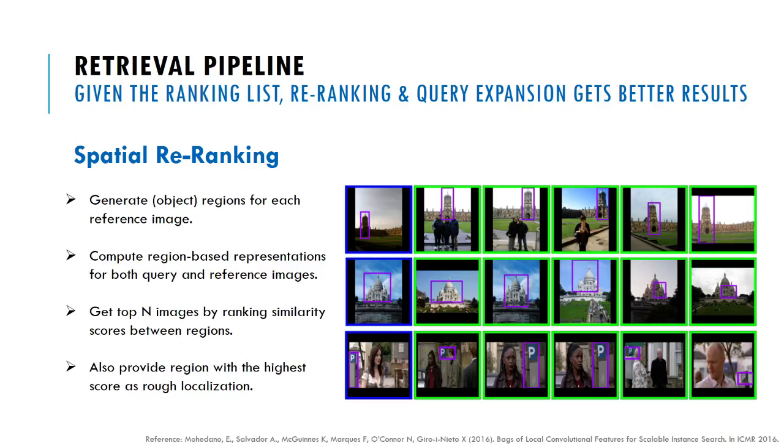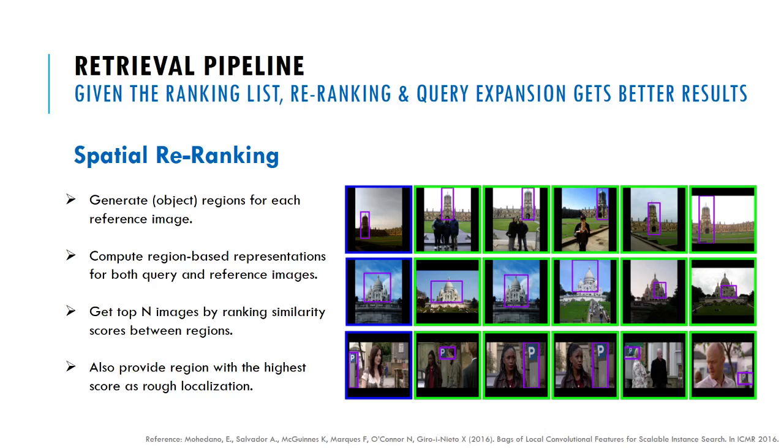So let's talk about spatial re-ranking. We're going to be starting at the end of the retrieval pipeline here. Given a ranking list from the filtering stage, we're going to re-rank, and then we will be getting better results.